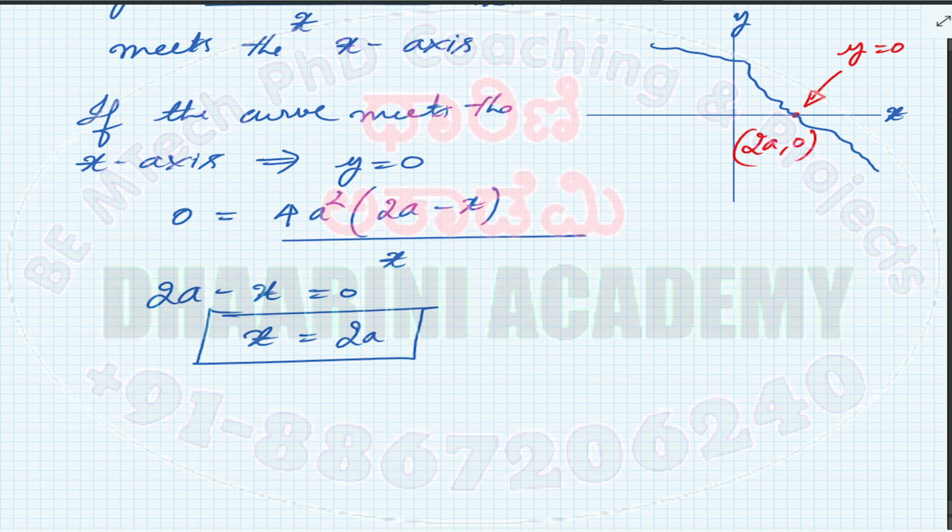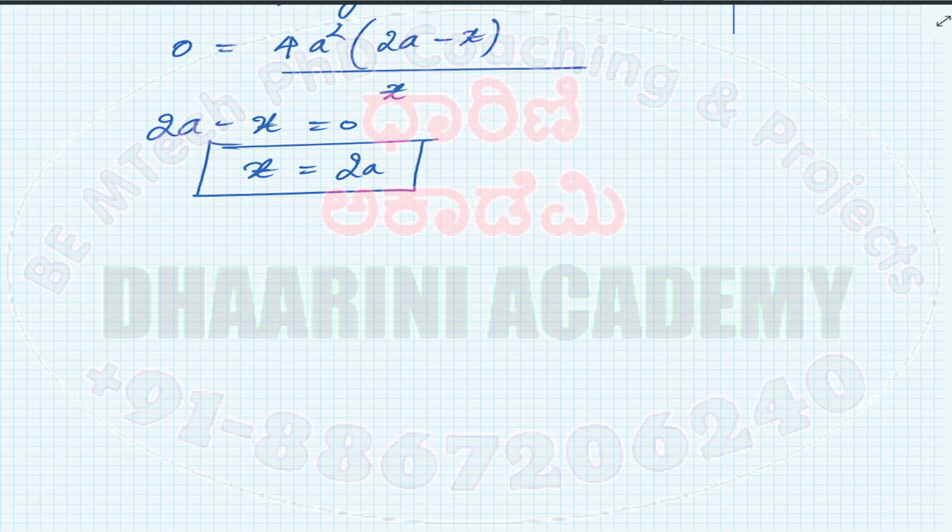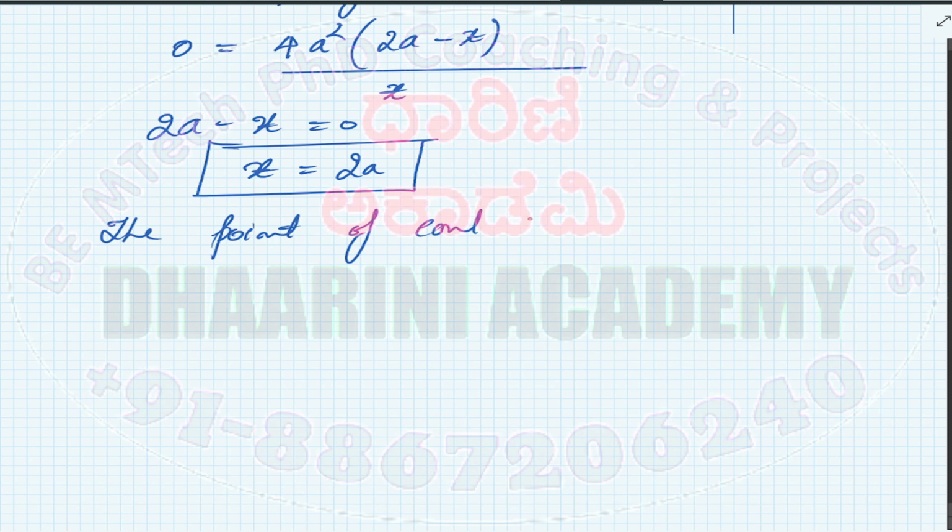So the point of contact is x is 2a, y is equal to 0. Now this is the point at which we are supposed to find the radius of curvature rho.